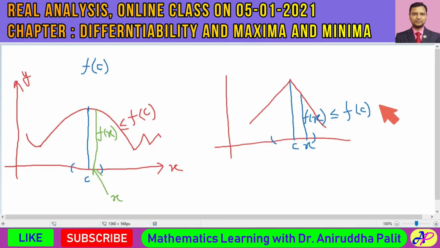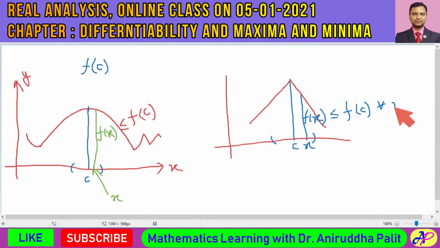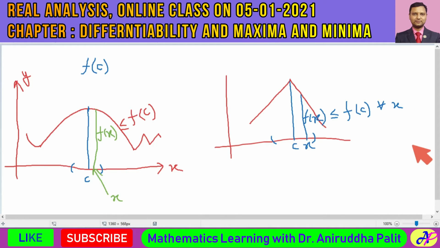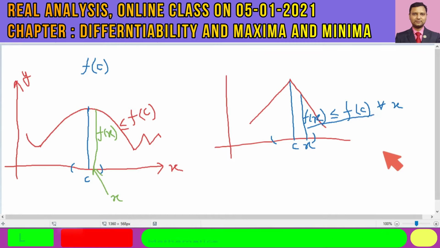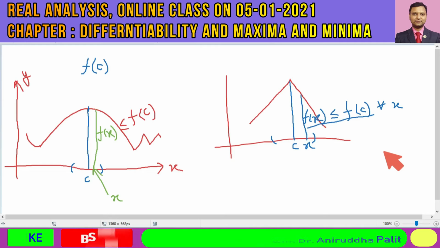Mind that this result should be true for all x within this neighborhood of the point c. Got it? If we have at least one point x which does not satisfy this inequality, then we cannot say that the function f has a maximum value at the point c.